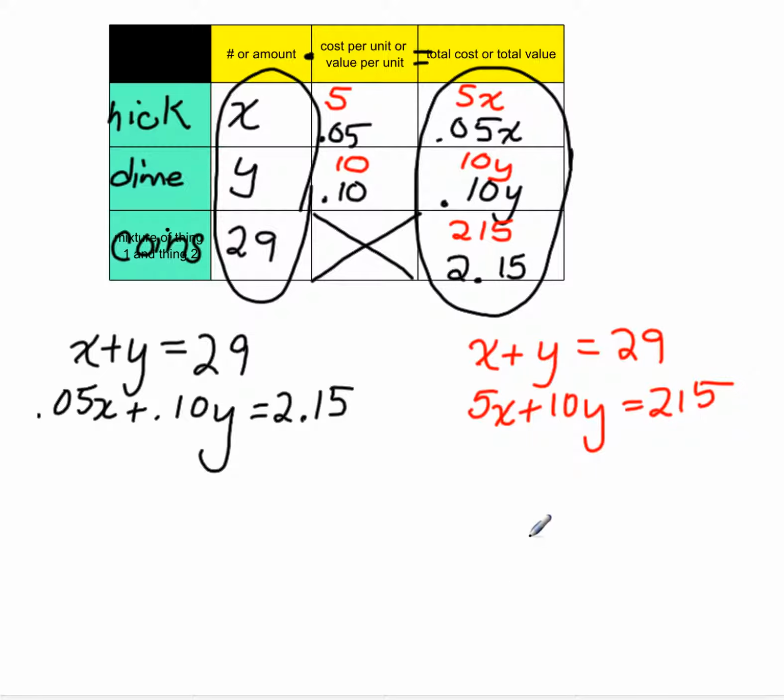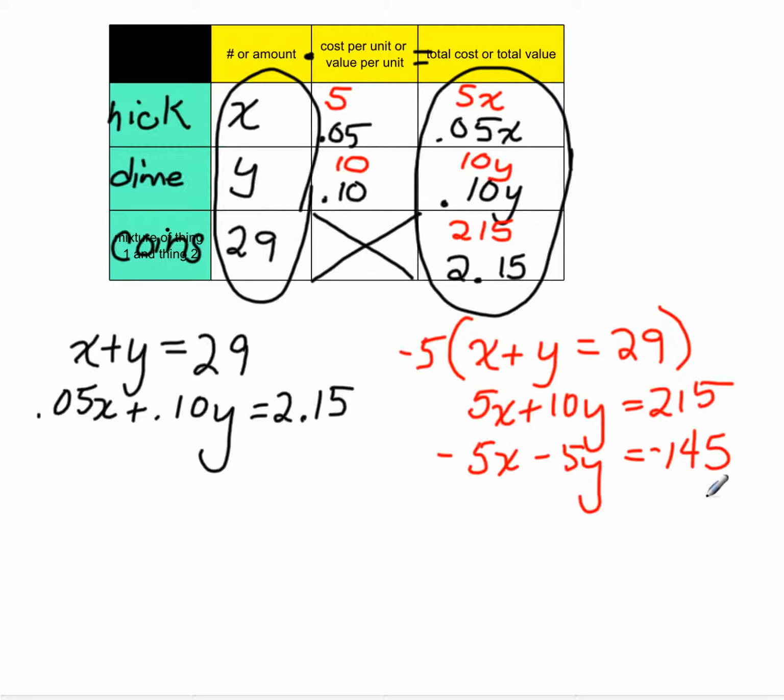In order to solve it, I'm going to choose to use elimination. So I'm going to multiply this whole equation by -5, and I get -5x minus 5y equals -145.